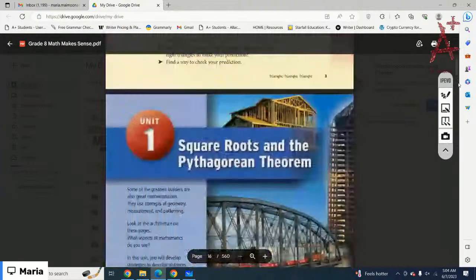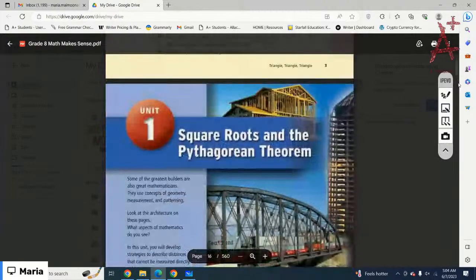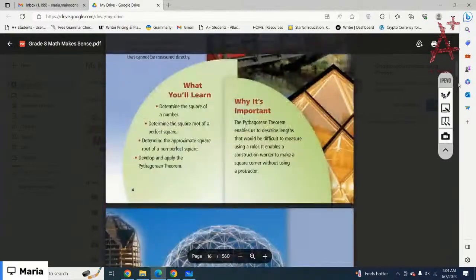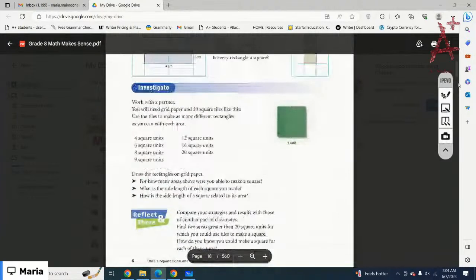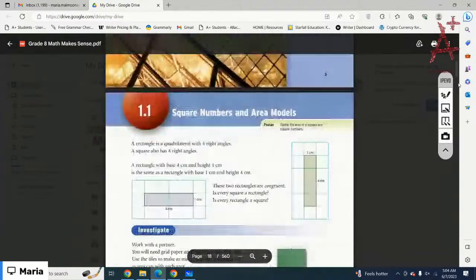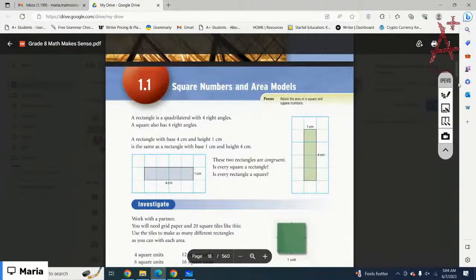Okay, here it is. We're going to start with chapter 1, that is square roots and Pythagorean theorem. We're going to start with the first lesson, that is square numbers and area model. Got it? Let's just start with the very first lesson.